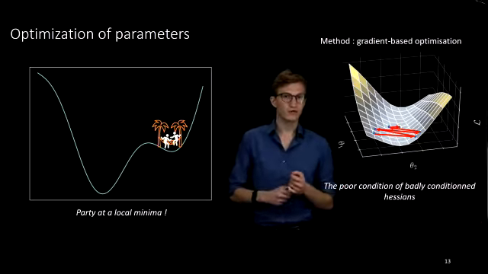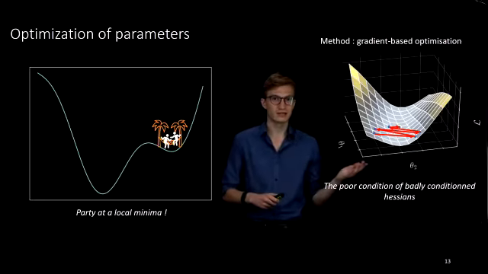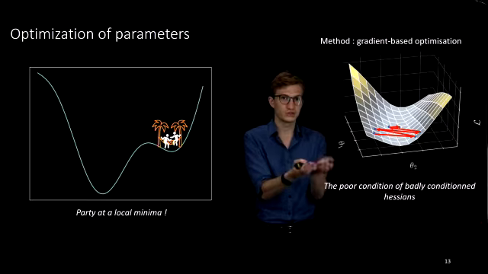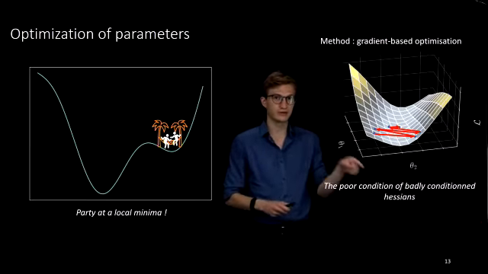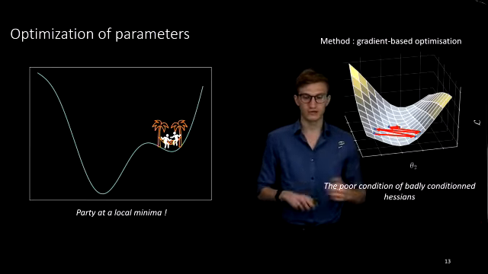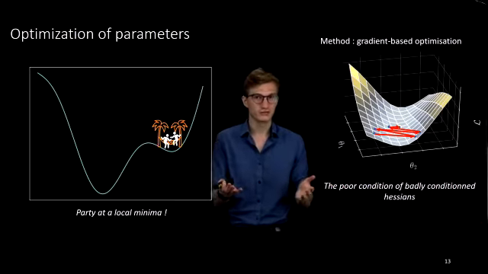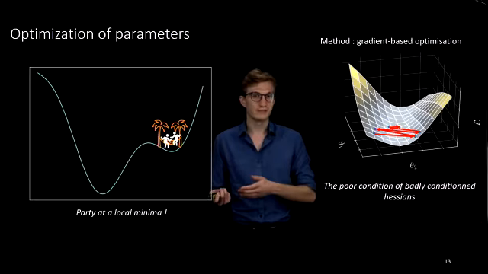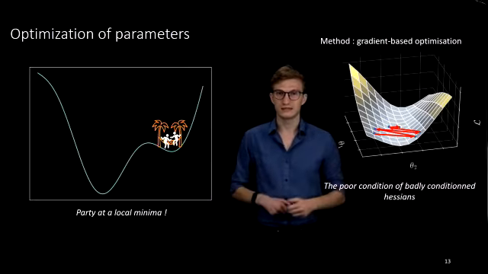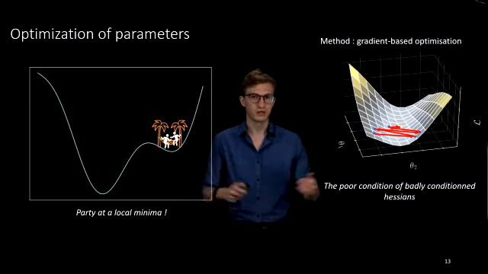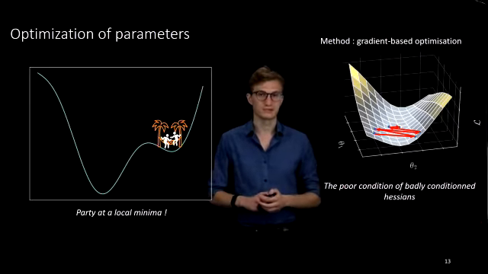We can also have other problems like a badly conditioned Hessian matrix, which gives a very flat shape at the bottom, and you can oscillate in the parameter space, so it slows down the convergence a lot. So there is a wide variety of optimizers that try to deal with these problems by using several techniques, and there are really a lot of them.